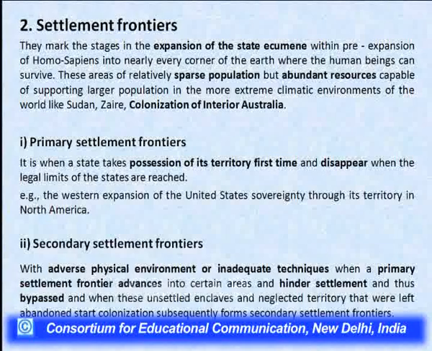The second one is secondary settlement frontiers, which occur when there is an adverse condition in a particular region, and the primary settlement tries to gain access to that region and its resources, and hinders settlement in that region. This is a secondary settlement frontier.